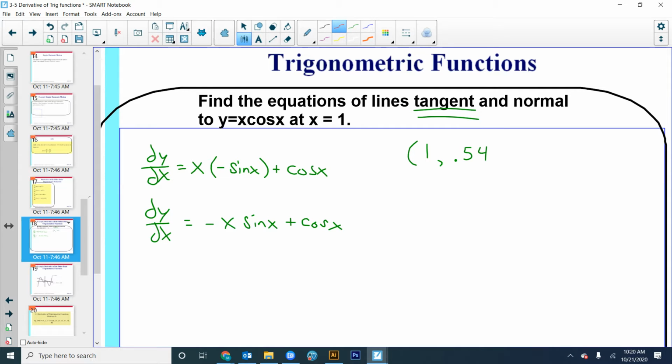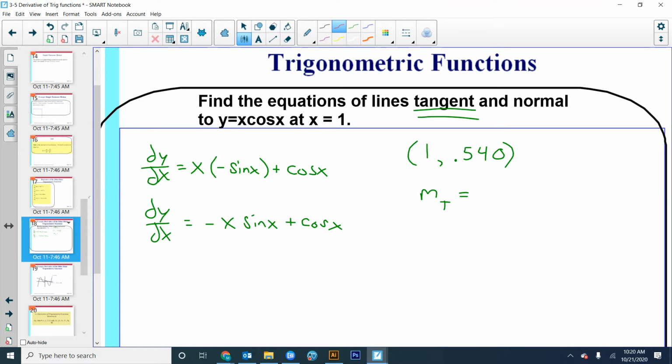Okay, so I guess it would be acceptable to say 0.54. But I'm just going to be honest with you right now. From here on out, if you don't have it to 3 decimals, I'm going to have to count off, because they will count off on the AP test if it's not the 3 decimals, either rounded or truncated. So there's our point. How do we get the slope of the tangent line?